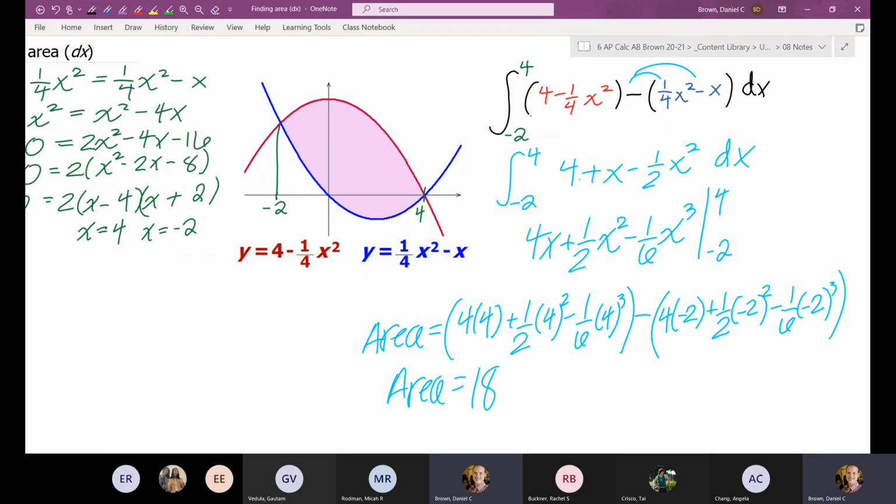But there are lots of shapes, like this irregular shape defined by two curves, that have a nice area that's exactly 18 units squared. But that's generally how you would do this problem: set it up, find the antiderivative, and then plug in the top minus the bottom. Questions on that problem?